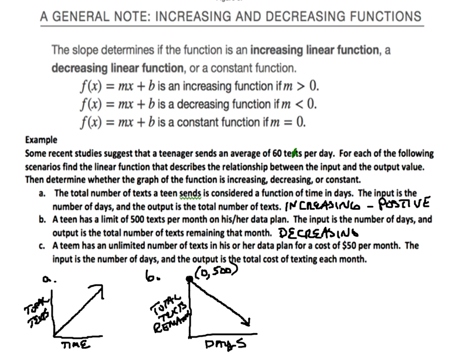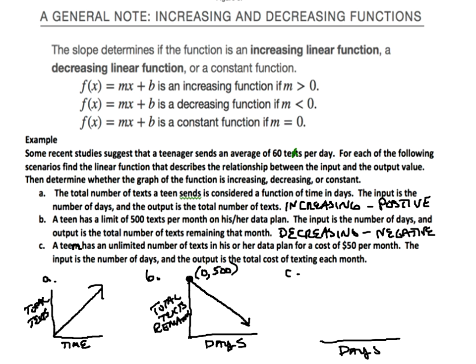My first one has positive slope. My second one has negative slope. I bet you can guess what C is going to have. A teen, it should say teen, not team, has an unlimited number of texts in his or her data plan, and it costs $50 per month.